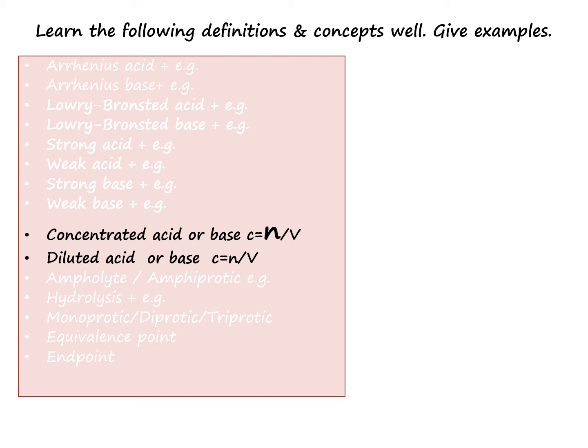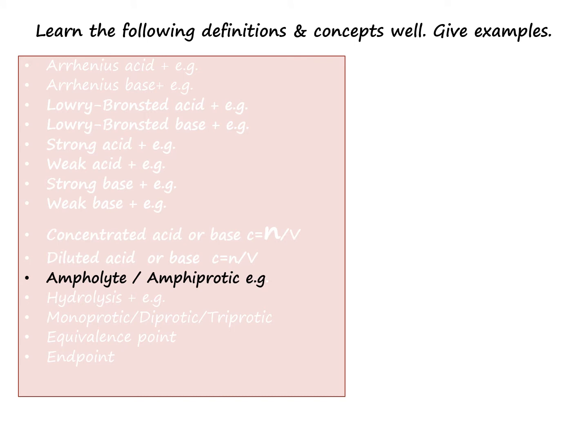A dilute acid or base contains a small amount, or a small number of moles, of acid or base in proportion to the volume of water. An ampholyte or amphiprotic substance is a substance that can act as an acid or as a base. A good example is water, H2O.